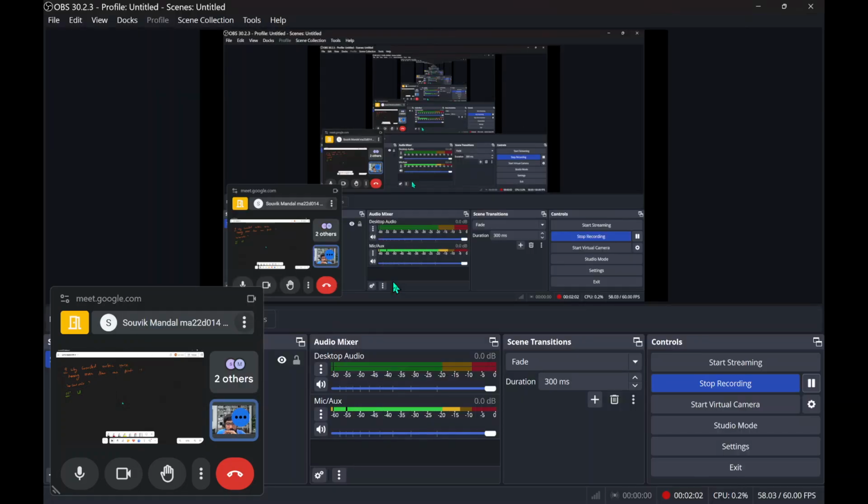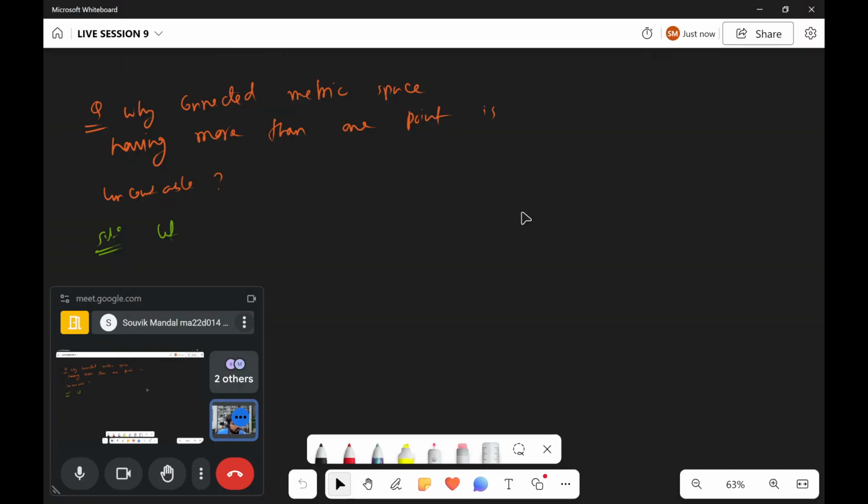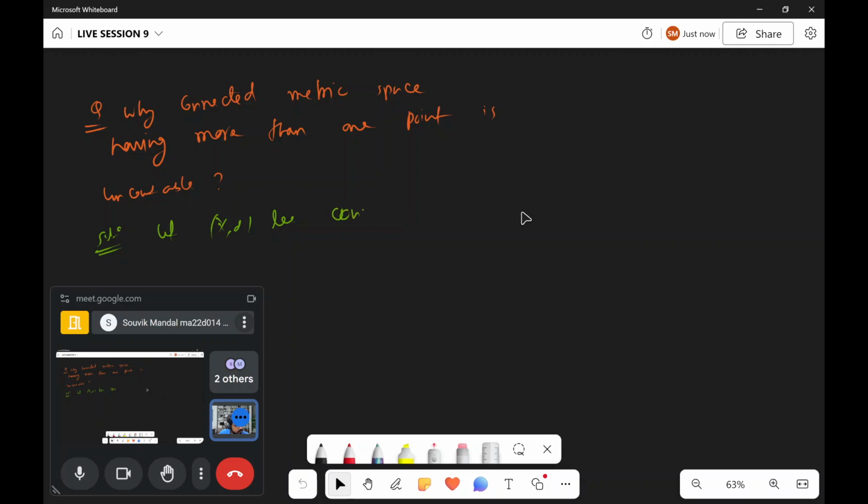Let (X, d) be a connected metric space having more than one point. Now we need to understand why this has to be uncountable.